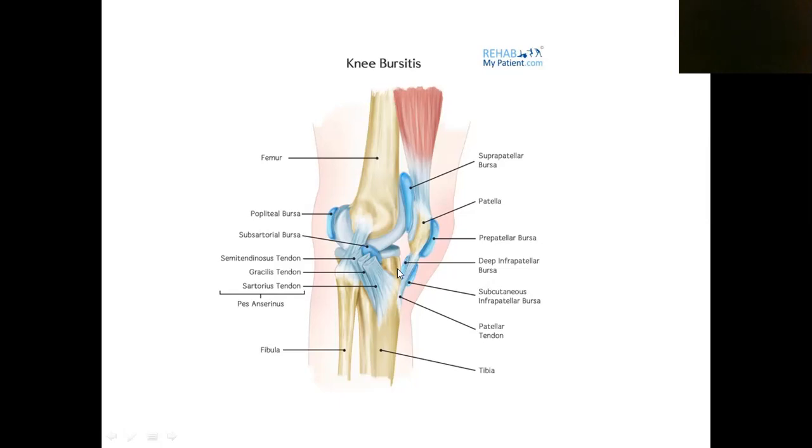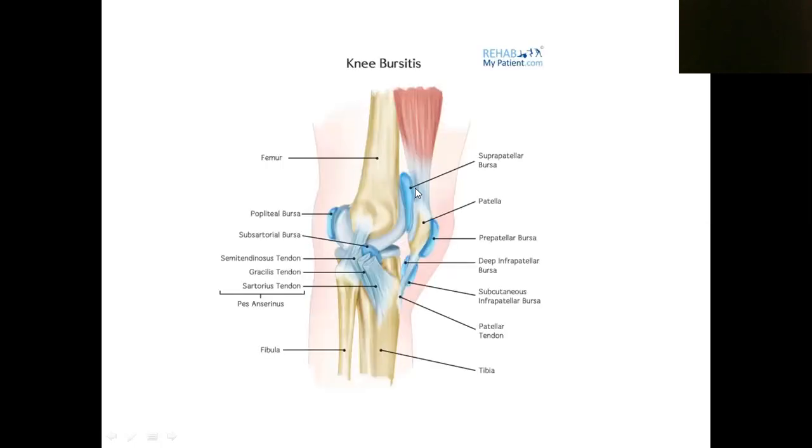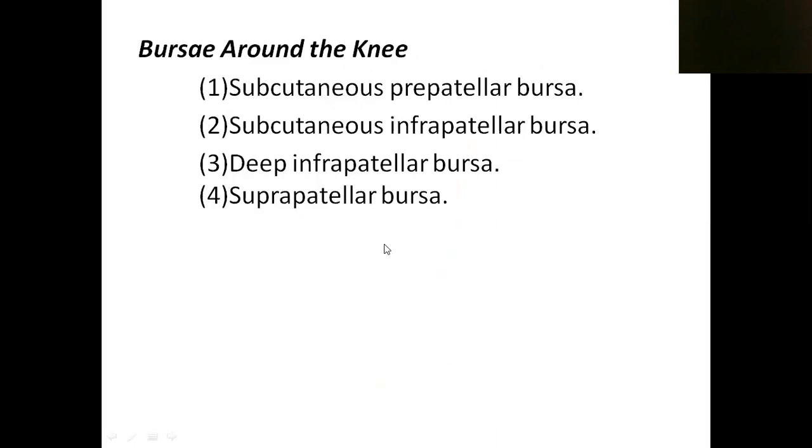There we have two, one superficial and the other deep. This is the deep infrapatellar bursa. Then the suprapatellar bursa. See this one. So these are some of the important bursae related to this knee joint, which give a cushion effect to this joint.